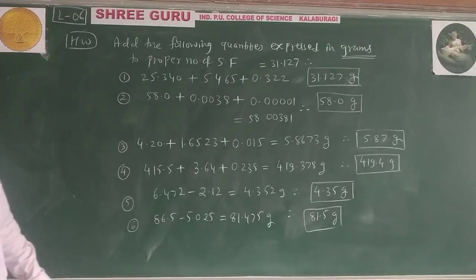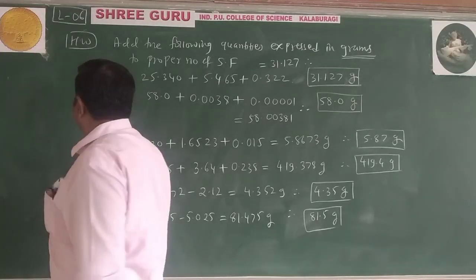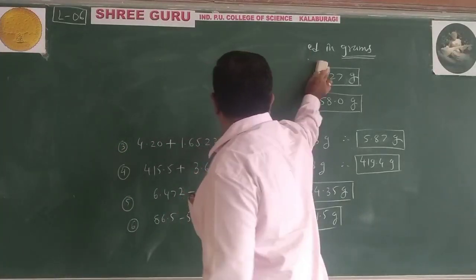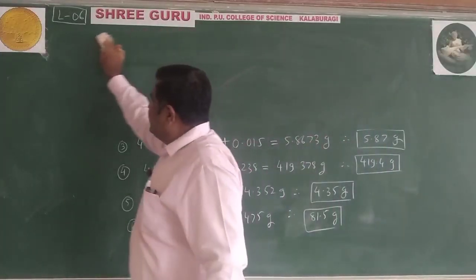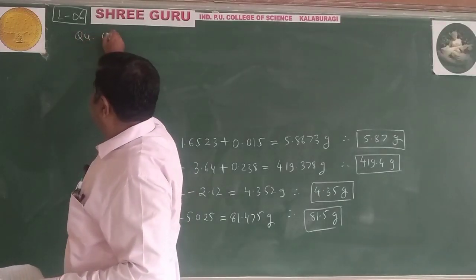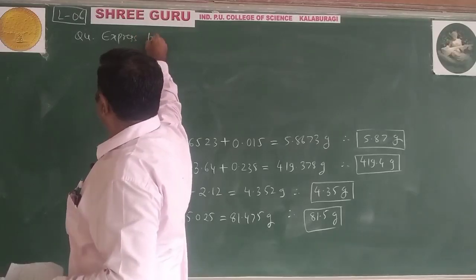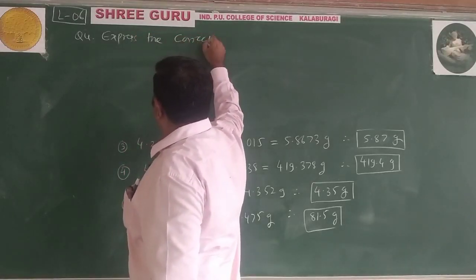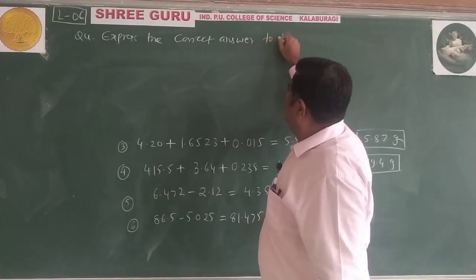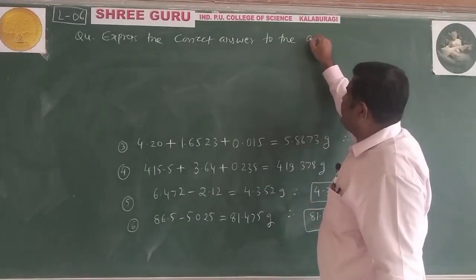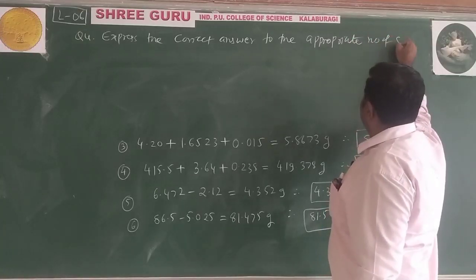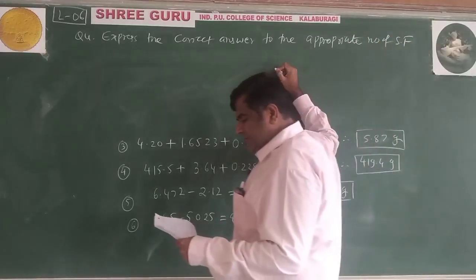I will do one more question for multiplication and division also. So the next question is: express the correct answer to the appropriate number of significant figures.